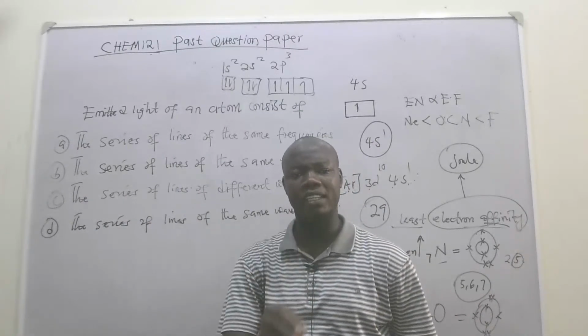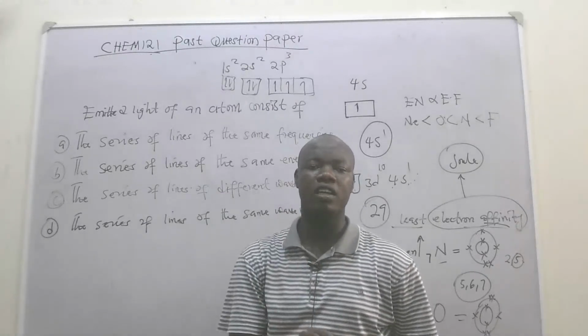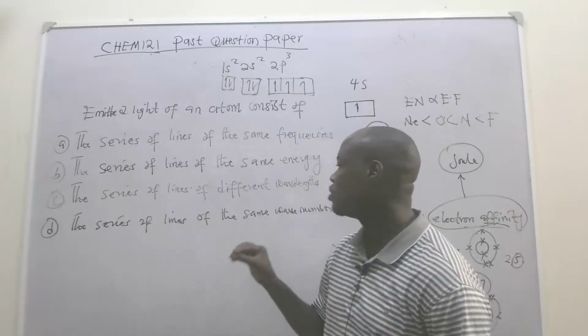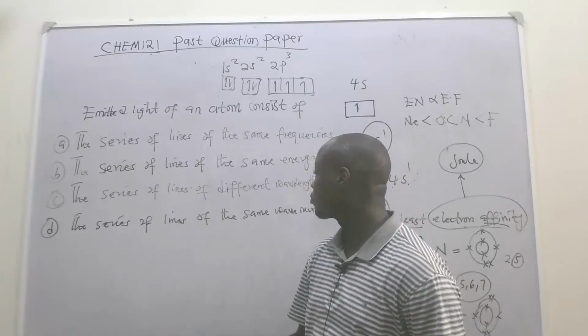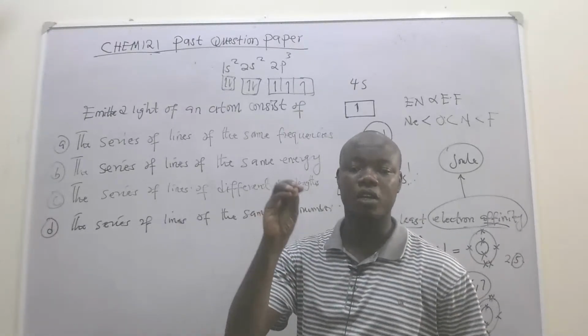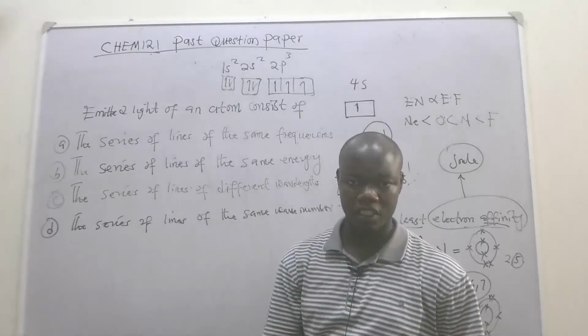The series of lines emitted by each and every element differ from one another, and it's because of those differences in the lines emitted with different frequencies. That is why you can use atomic spectrophotometry to identify the element.